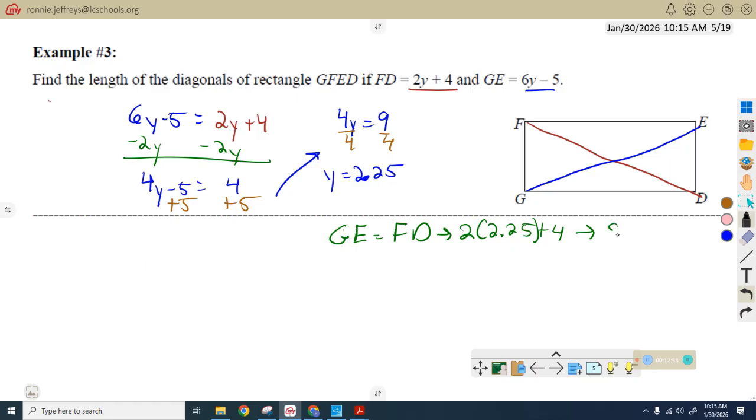Alright, so this is going to be 8.5. Now, we don't know if that's feet, inches, hectograms, refrigerators. We have no idea. We're just saying 8.5, okay? Because that's all we know.